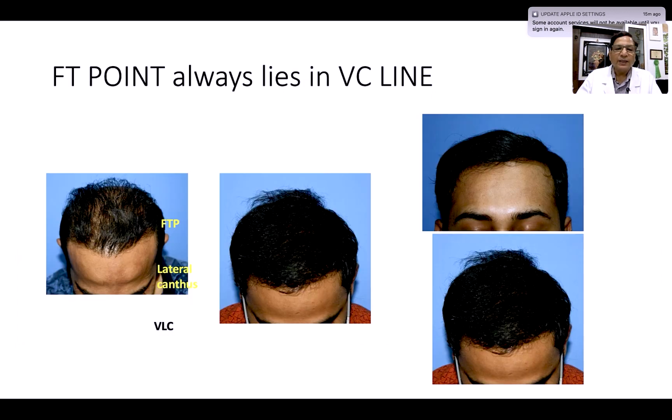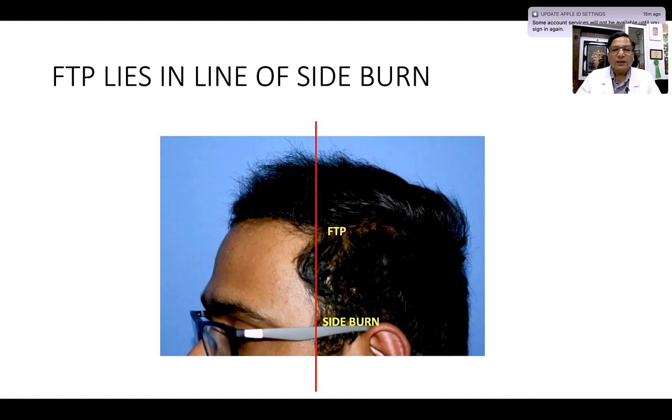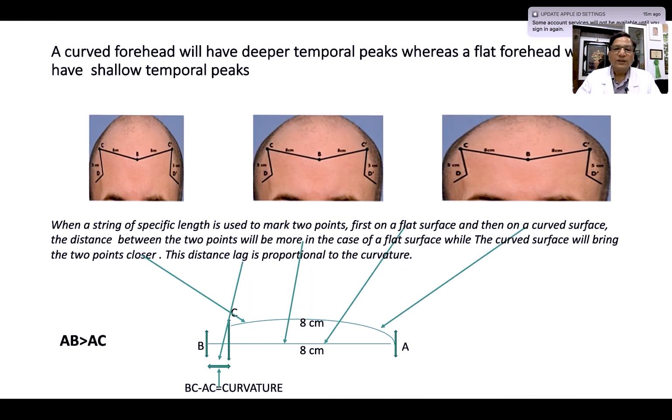Another criterion is that the frontotemporal point should lie in line with the lateral canthus, and that point always does if you follow this method. The third criterion was that the distance between the mid-frontal point and temporal peak point should be less than 3 centimeter, and that was also confirmed in all our cases.